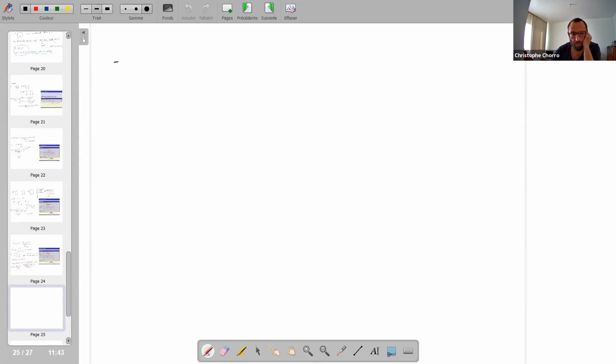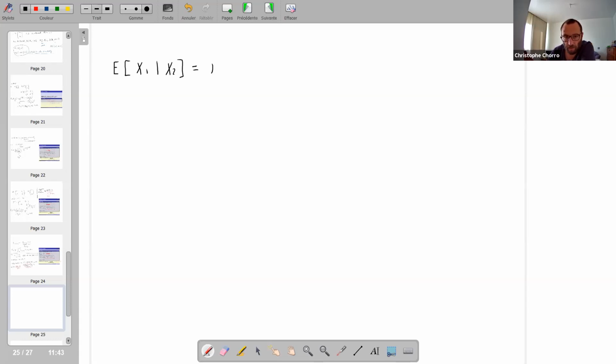So I want to compute the conditional expectation of x1 given x2. So I want to prove and to find this one, okay? So what is the formula I want to prove? Let's write it in details.